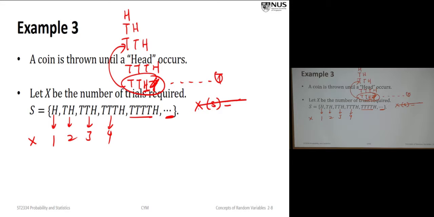I can give you examples only. If you have this one, then map it to 4, because there are 4 trials before you get your first head. Then ask, what is the range for this random variable X? From 0, 2, 3, 4, up to infinity.